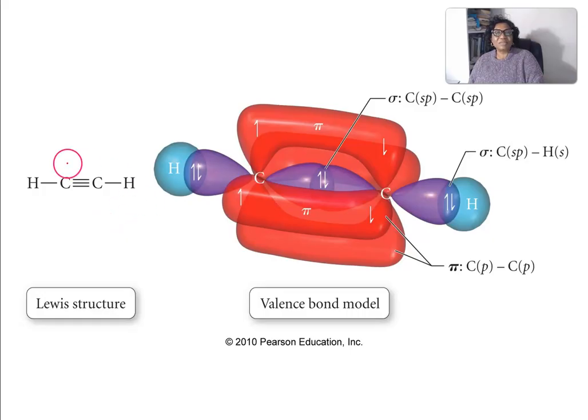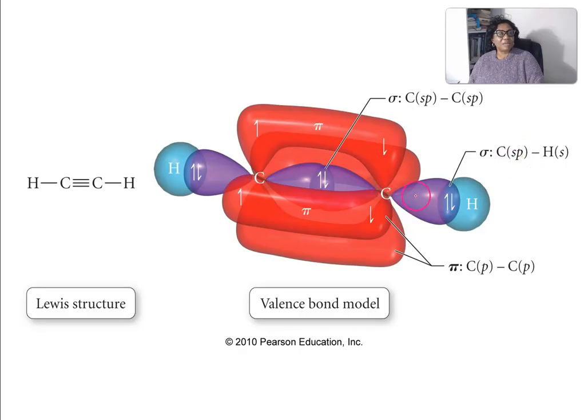So this is ethyne, which has a triple bond. You see, this is the sigma bond, which has the sp hybridized orbital. But these pi bonds are from the two unhybridized orbitals, so they just interact to form pi bonds. Of course, this is sigma, because it's sp.